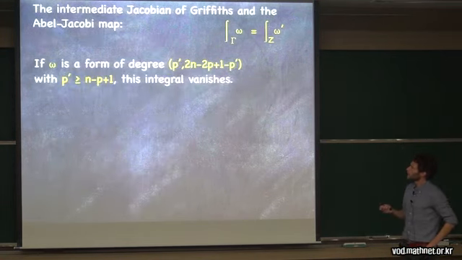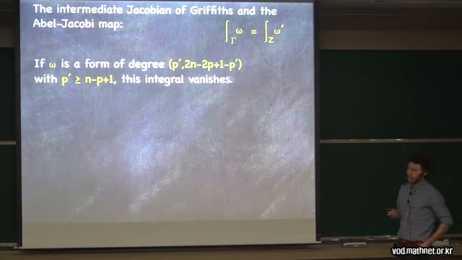Well, it tells us that if we pick just the right type of form omega, then we actually get a well-defined map on cohomology.